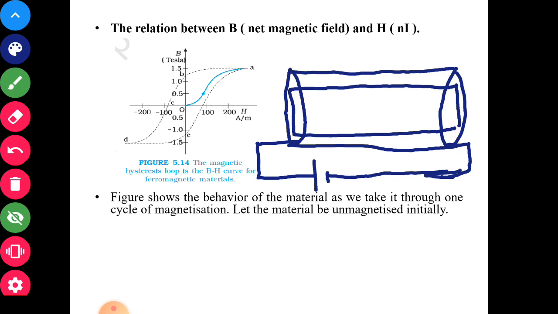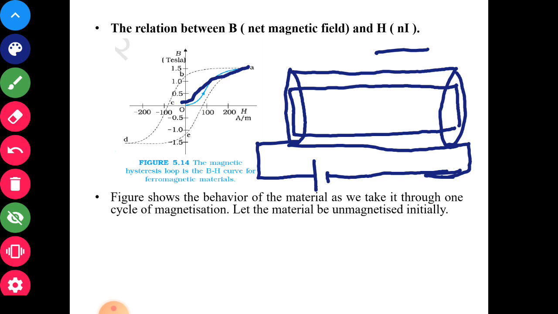You are increasing the current means H increases. So H increases, what happens? The magnetic dipoles or atomic magnetic dipole moments will align in the direction of the magnetic field, and there will be an increase in the net magnetic field with electric current.